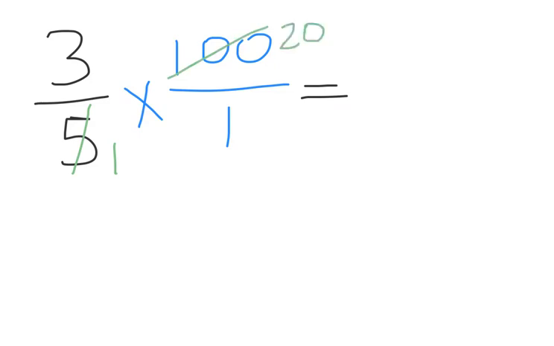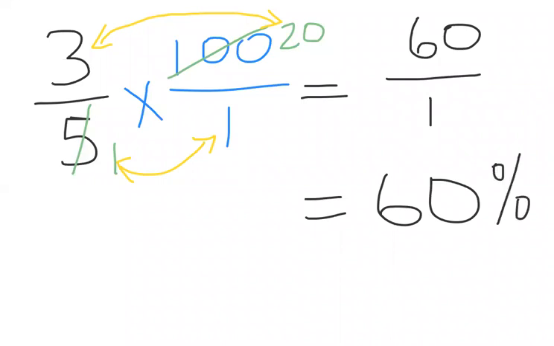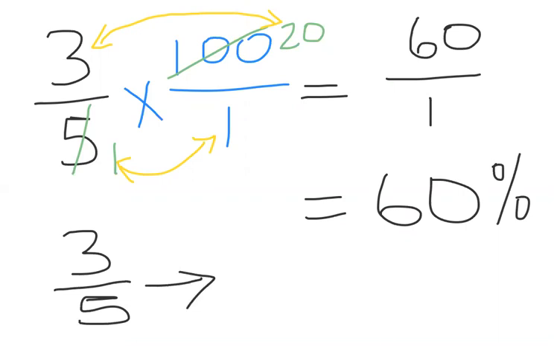Now we multiply the 3 with the 20 and the 1 with the 1. On top we get 3 times 20, that is 60, and at the bottom we get 1. So the answer is 60, but that actually means 60%. Here you can see how 3/5, if you convert it, you get 60%.